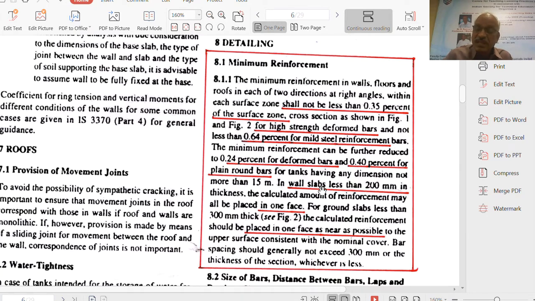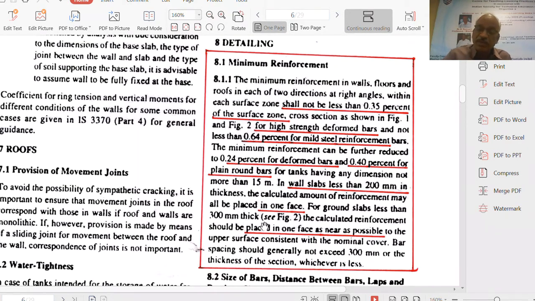Also, in wall slabs less than 200 mm in thickness. The wall thickness can be 150 mm or 180 mm or 250 mm. When it is less than 200 mm thickness, the calculated amount of reinforcement may all be placed in one face. So when we go for a 180 mm thick wall slab, we have to provide only one layer of reinforcement.